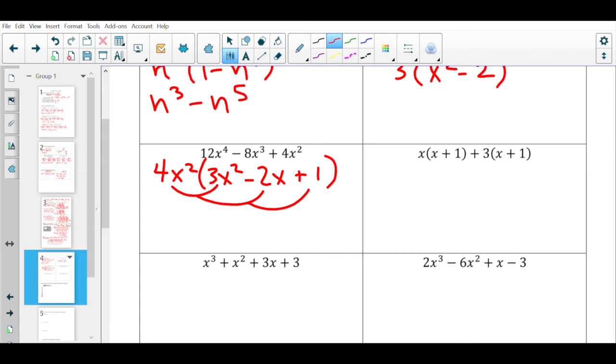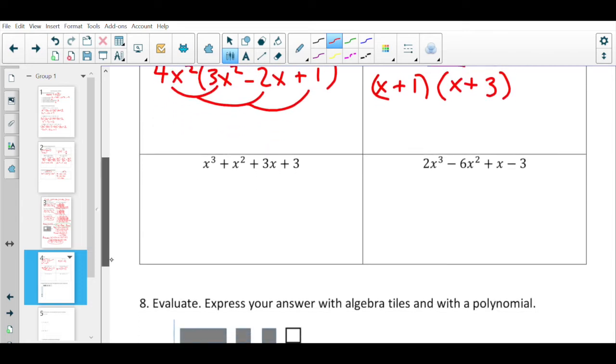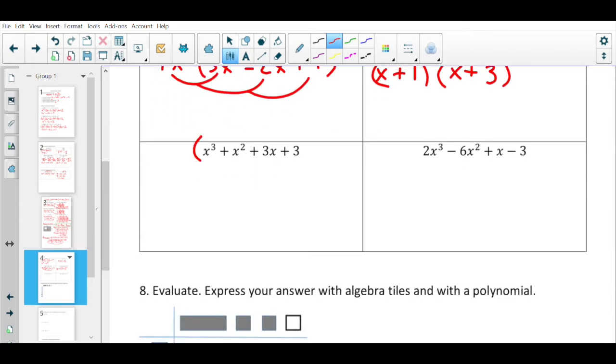This one, the common factors aren't always just monomials, they could be binomials. So here the common factor is x plus 1, so we factor out an x plus 1, and what are we left with? x plus 3. Okay? Here we need to do a bit of grouping, so that in this first term, we can factor out an x squared, that's x plus 1.